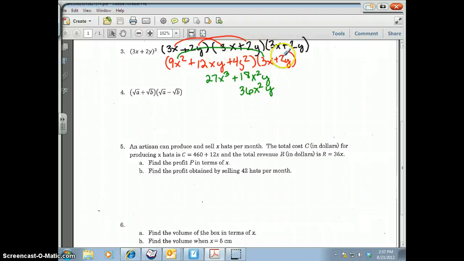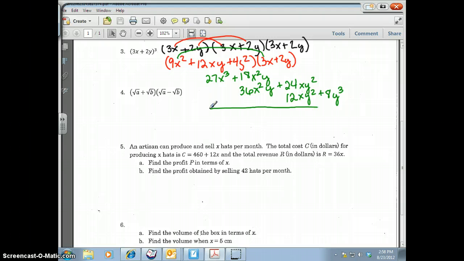And now 12xy times 2y is 24xy squared. And now the last term, 4y squared times 3x is 12xy squared. Again, writing it directly under the other xy squared term. And then 4y squared times 2y is 8y cubed.